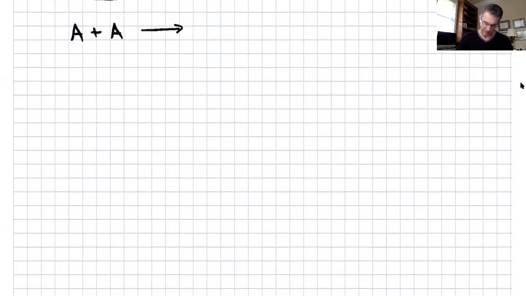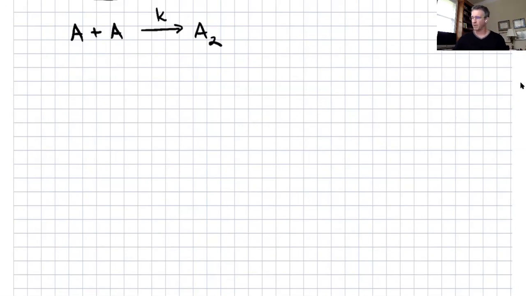Again, you could write this as A squared if it was a dimerization, but we can call it A sub 2, so it made a dimer, with an associated rate constant.